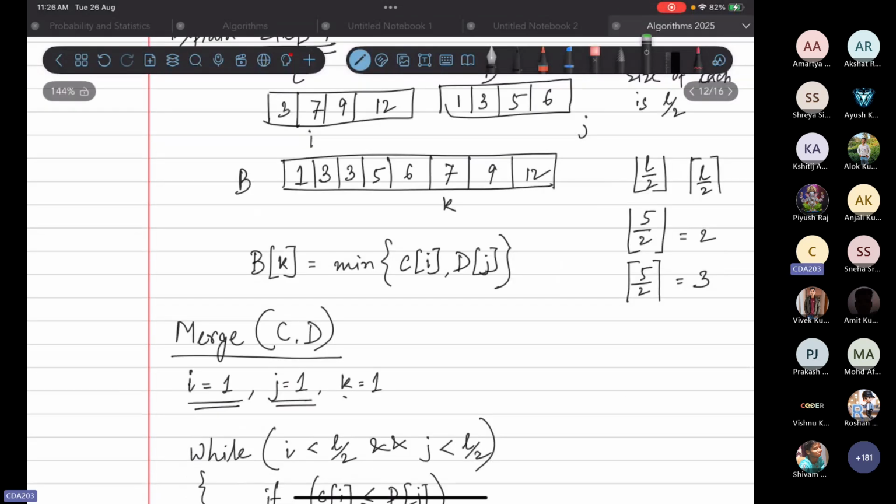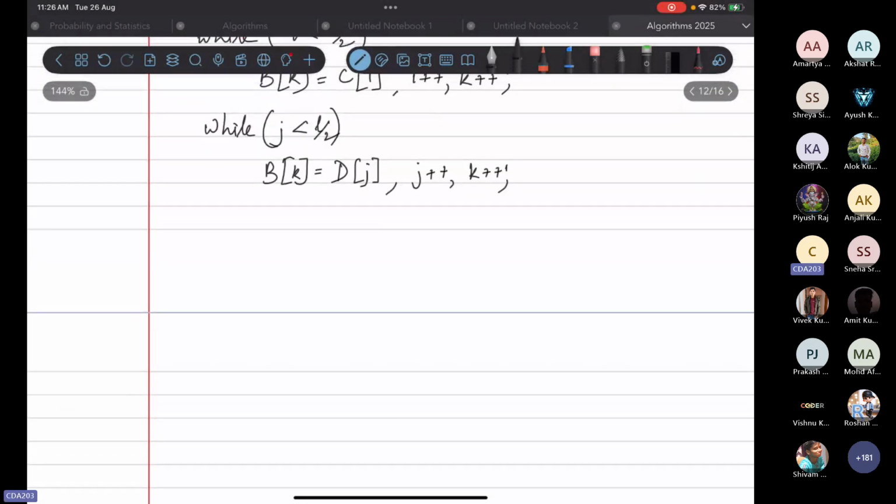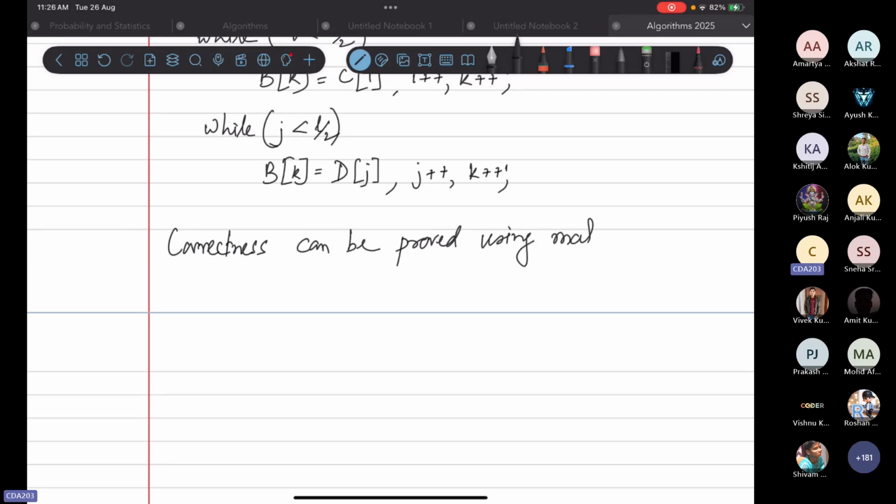Okay. So this correctness can be proved using mathematical induction, right?